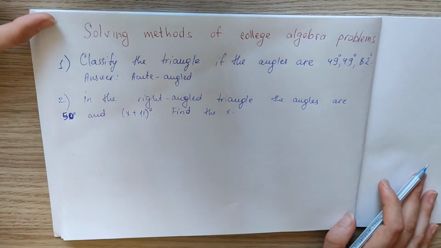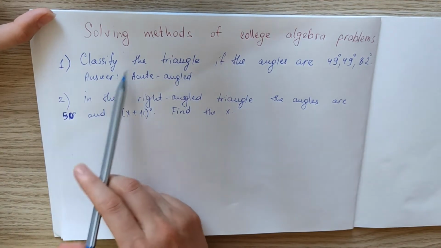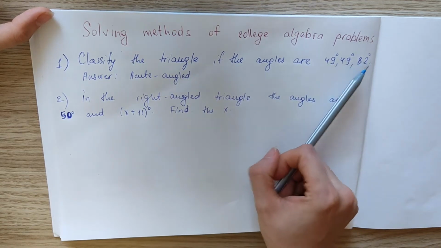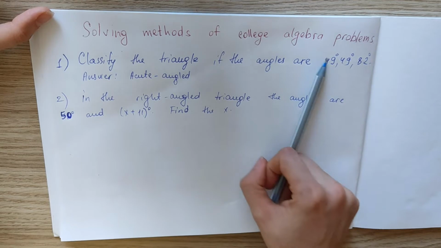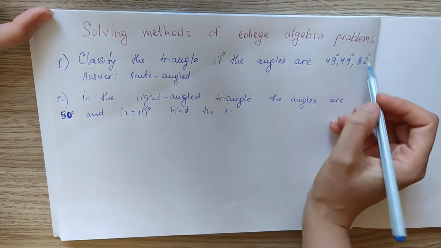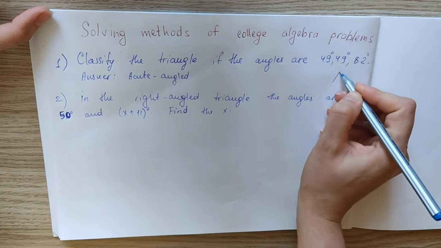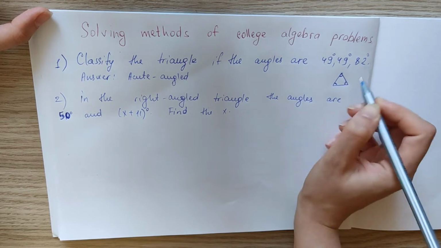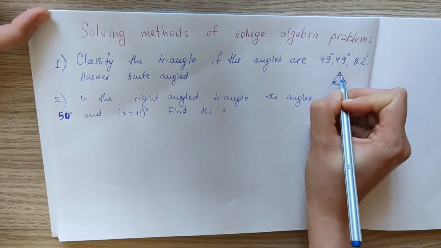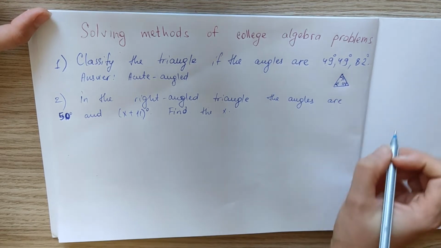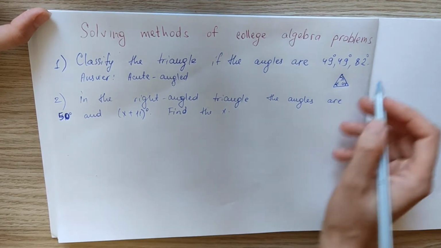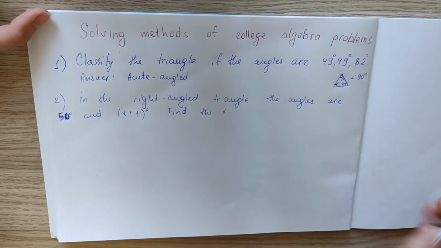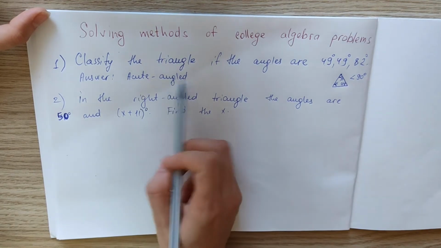So let's start. Our first question is: classify the triangle if the angles are 49, 49 and 82. We said that if in the triangle the angles, let it be alpha, beta and theta, are all less than 90 degrees, then we say that this triangle is an acute angle triangle.